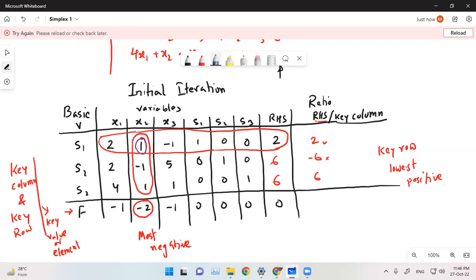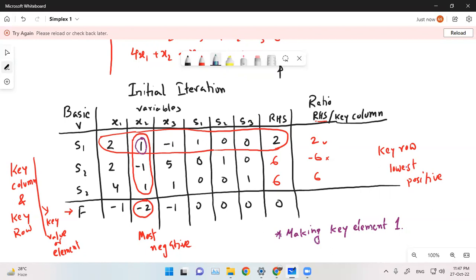Luckily, the value here is 1, so we don't have to change it. Keep note, we are making the key element 1, by dividing the entire row by certain values.